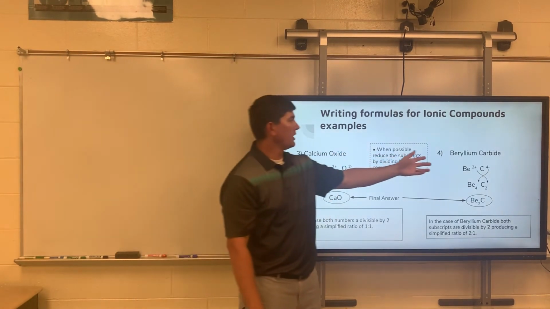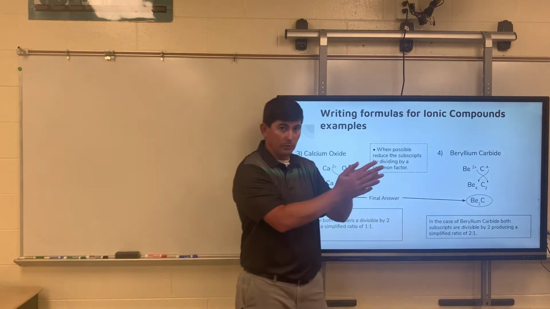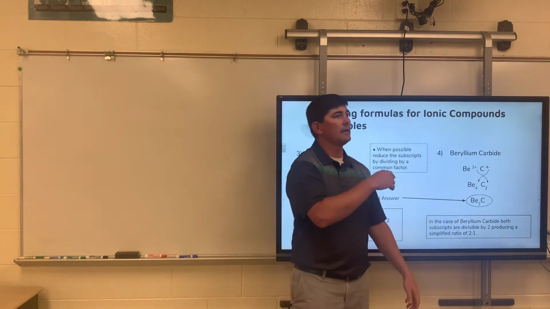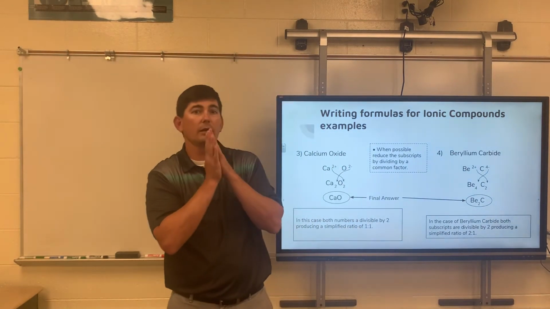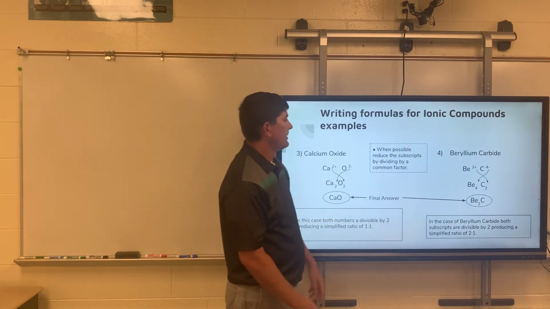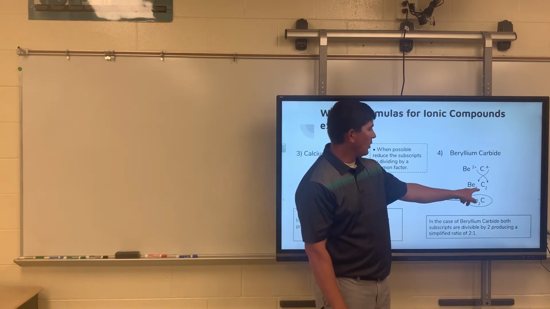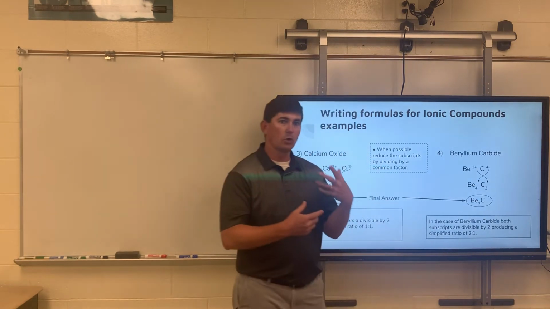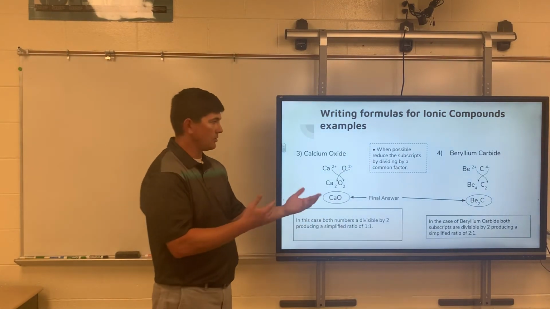Same thing for this beryllium carbide over here. Beryllium's a +2 because it's in group 2. Carbon is a -4 because it's in group 14, right? It's got 4 valence electrons, it wants 4 more, okay? So when we swap and drop, we end up with Be4C2, but of course 4 and 2 are both divisible by 2, so I do that, right?